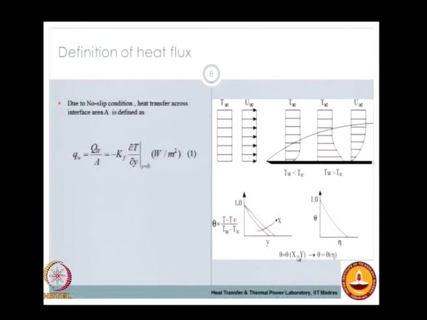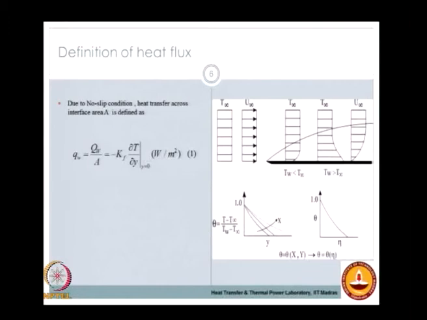Therefore you can transform your dependence on the two coordinates x and y into a single non-dimensional coordinate eta, and whichever axial location you plot, you will find that the variation of theta with respect to eta is the same. This is something very unique to similarity solutions, which we will be looking at later on in this course.